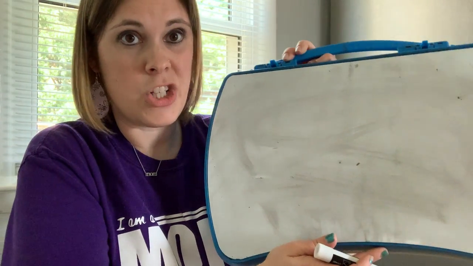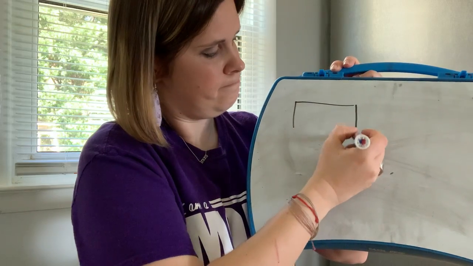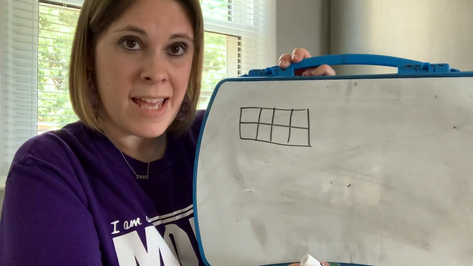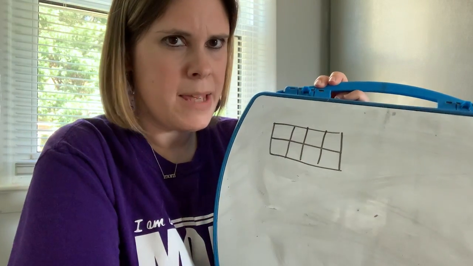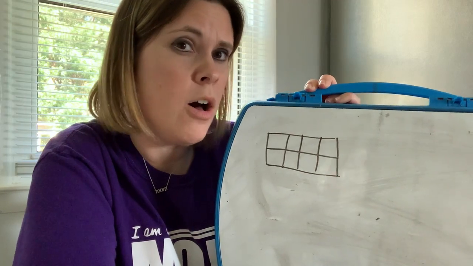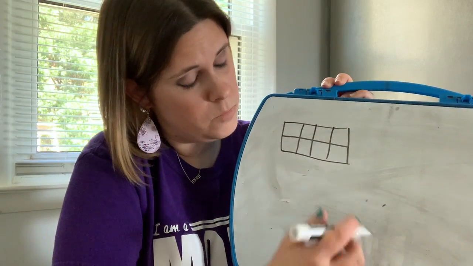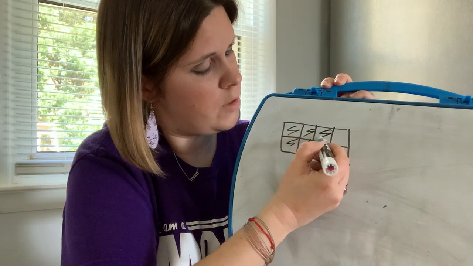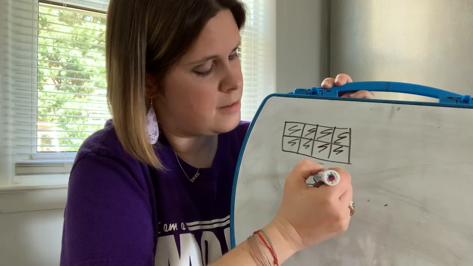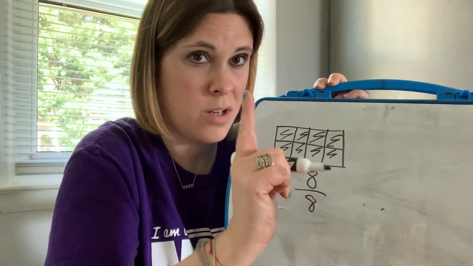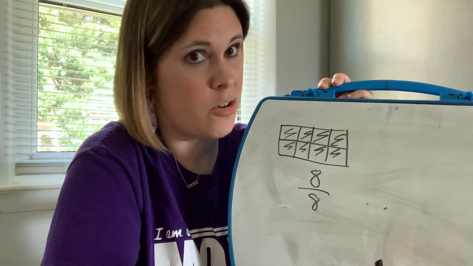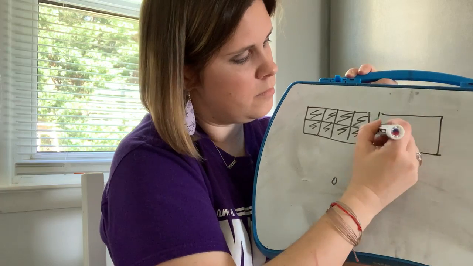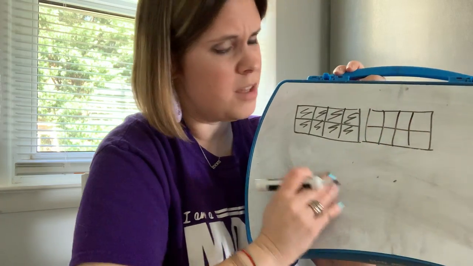This time I'm going to eat a chocolate bar. The chocolate bar is split into eighths, okay? How many pieces of chocolate would I have to eat in order to eat that whole chocolate bar? Well, I know everything is split into eighths. I've got 1, 2, 3, 4, 5, 6, 7, 8. So 8 eighths would be the same as one whole. But I've just got a craving for chocolate. And I'm going to eat another one.